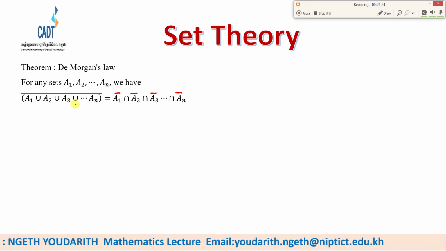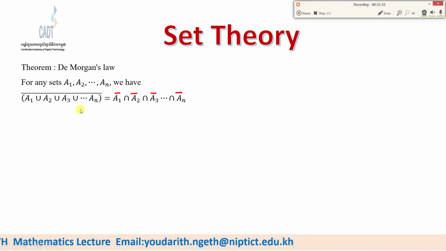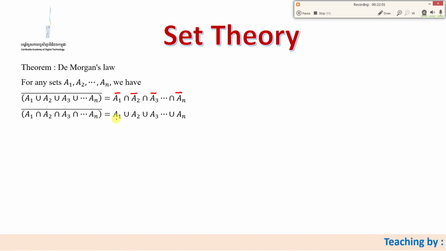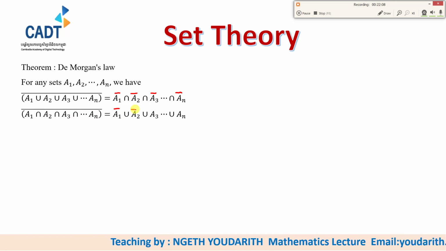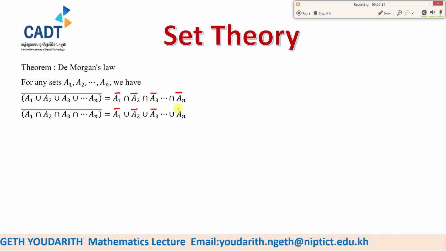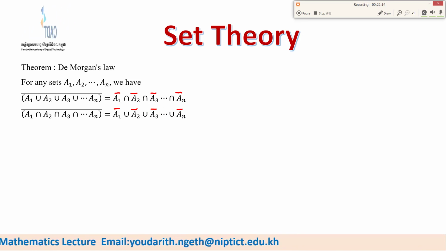This is De Morgan's law. Also, the complement of A1 intersect A2 intersect A3 intersect until AN is equal to the complement of A1 union the complement of A2, union the complement of A3, union until the complement of AN.